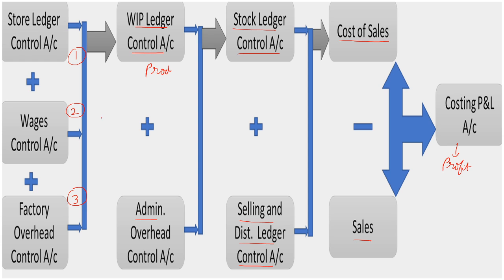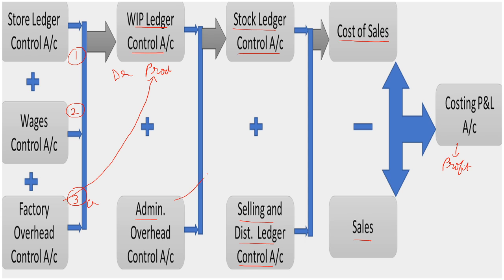Now when we charge or recover different overheads to different departments, if we charge or recover factory overhead, it is charged with production department, so we debit the WIP ledger control account and credit factory overhead control account. Our next overhead is admin overhead.